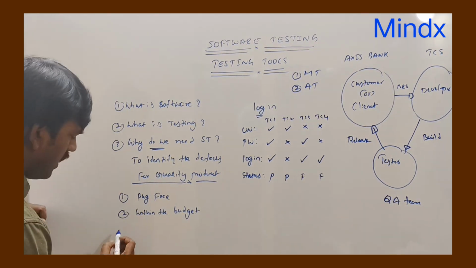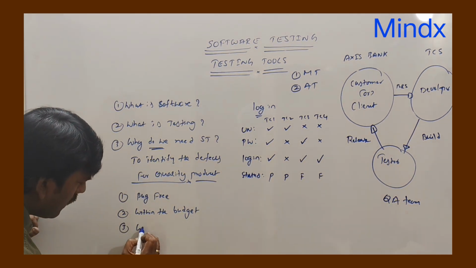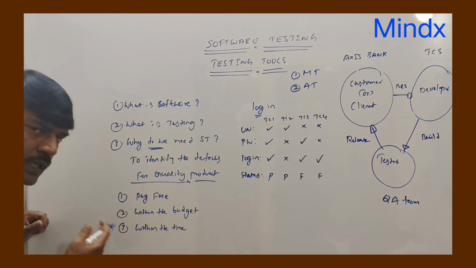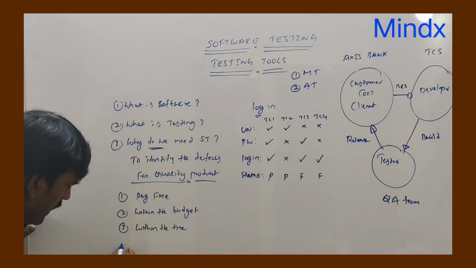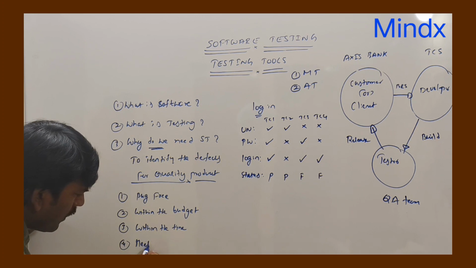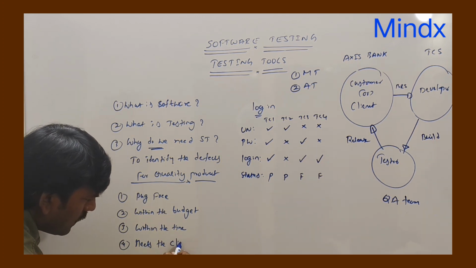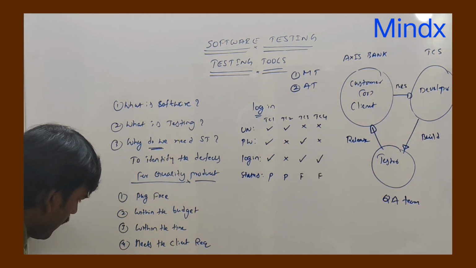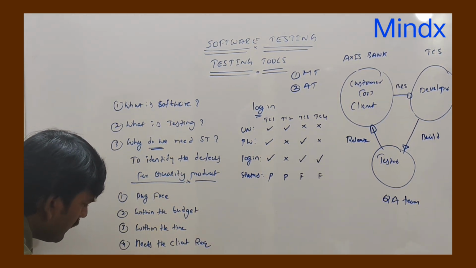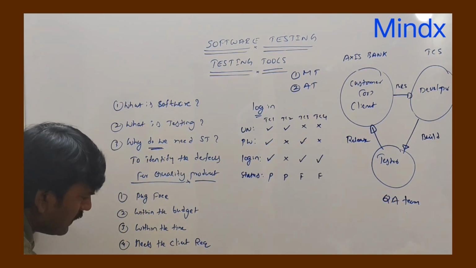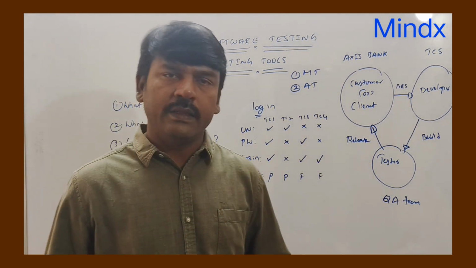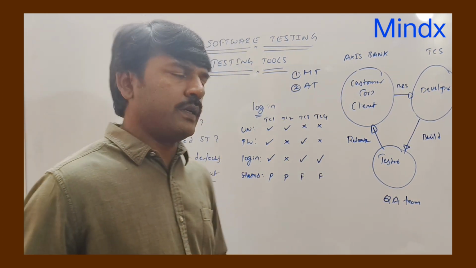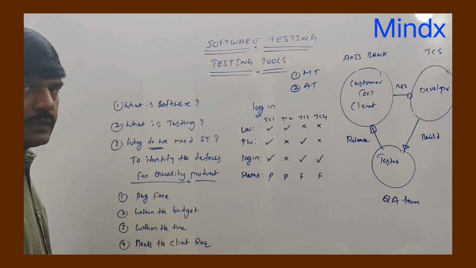And one more, within the time. It's also one more quality parameter. Next, meets the client requirements. Next, maintenance. So these are the parameters for a quality product. Then only it's a quality product.